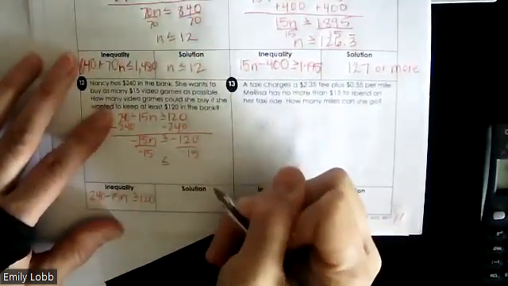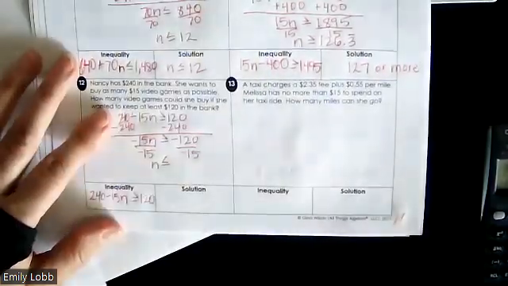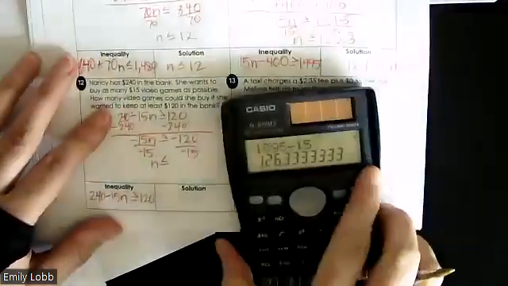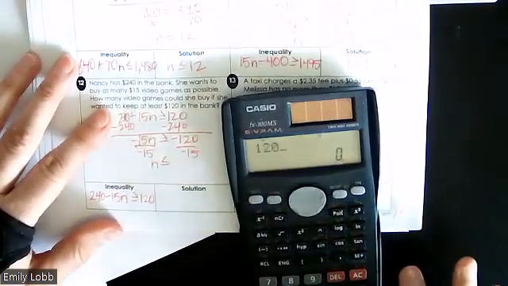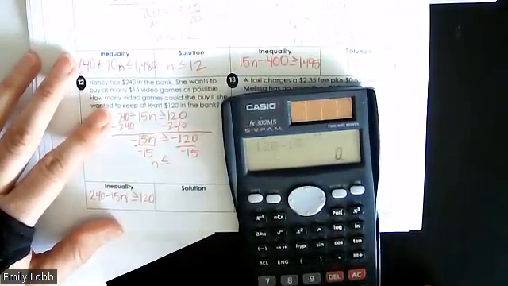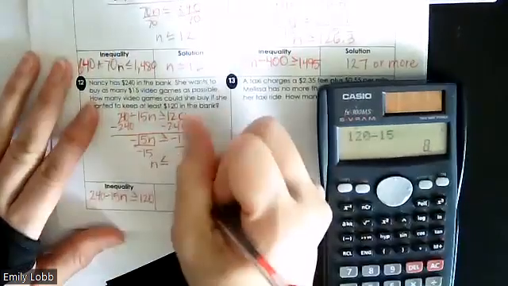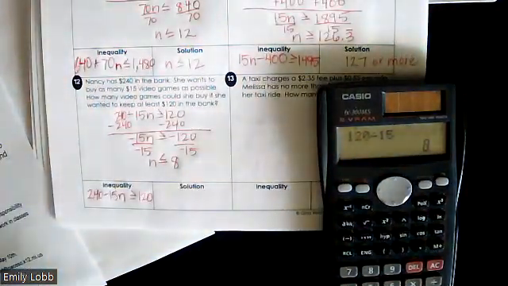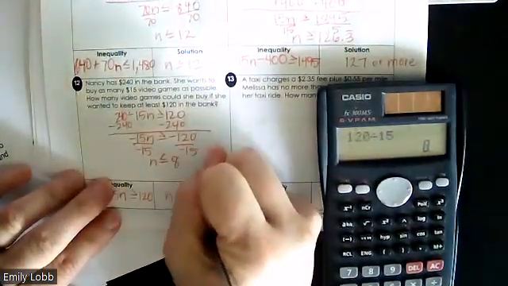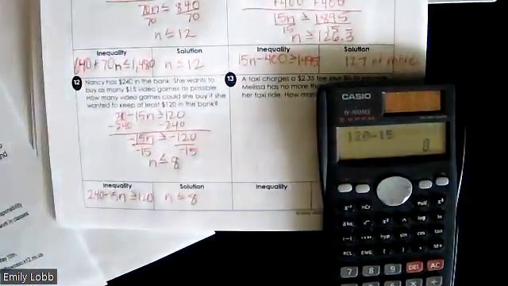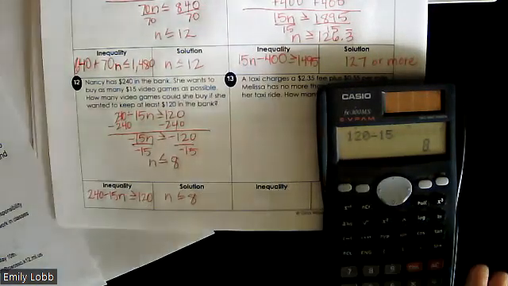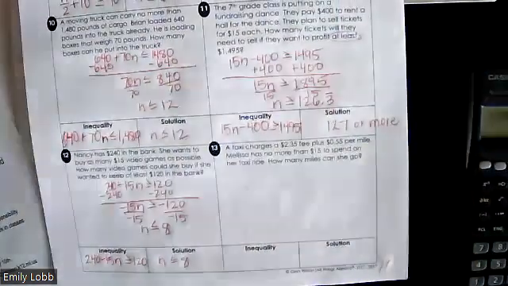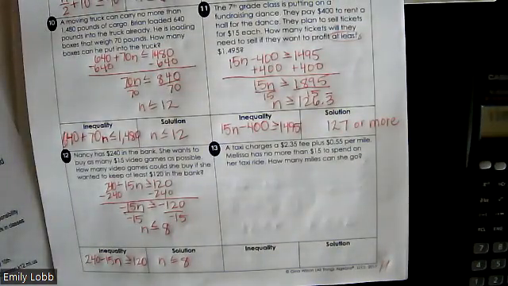Very good. So n is 120 divided by 15, 8. So up to 8 video games, right? If you could definitely write your answer in words with a label, I'll definitely give you extra credit on the quiz.